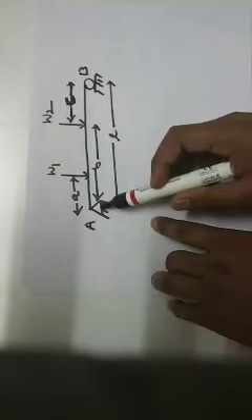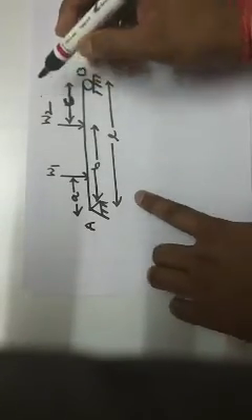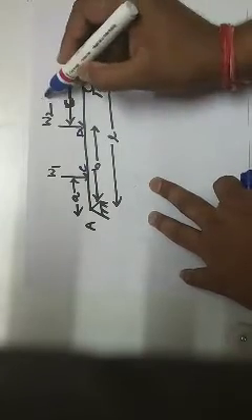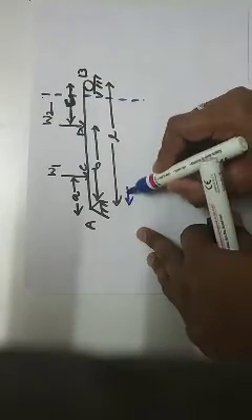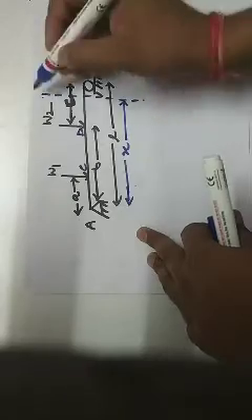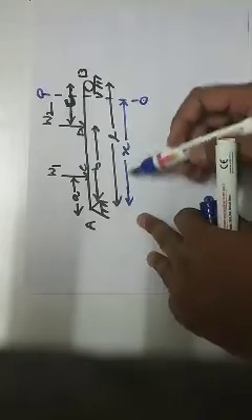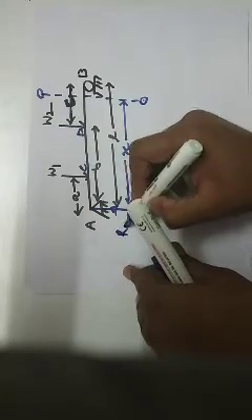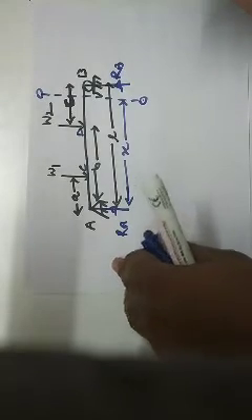If we move from left to right and calculate the moment at this portion, consider the portion DB, make a section here, and say the distance of this section from A is X. For the given loading condition, the reactions RA and RB are known.